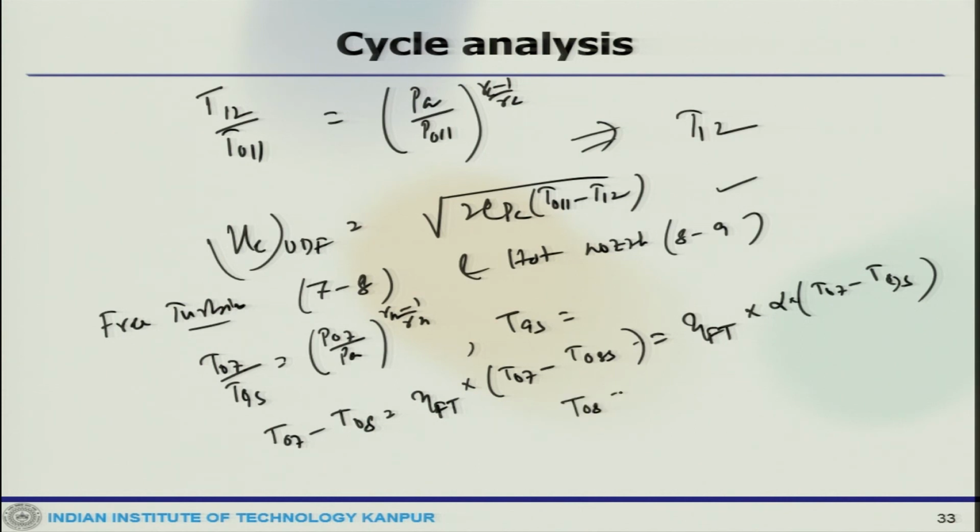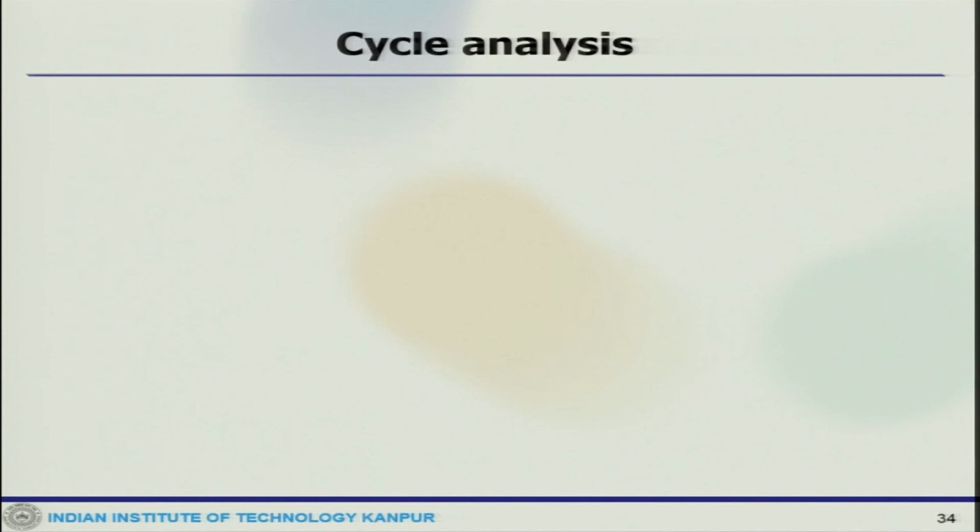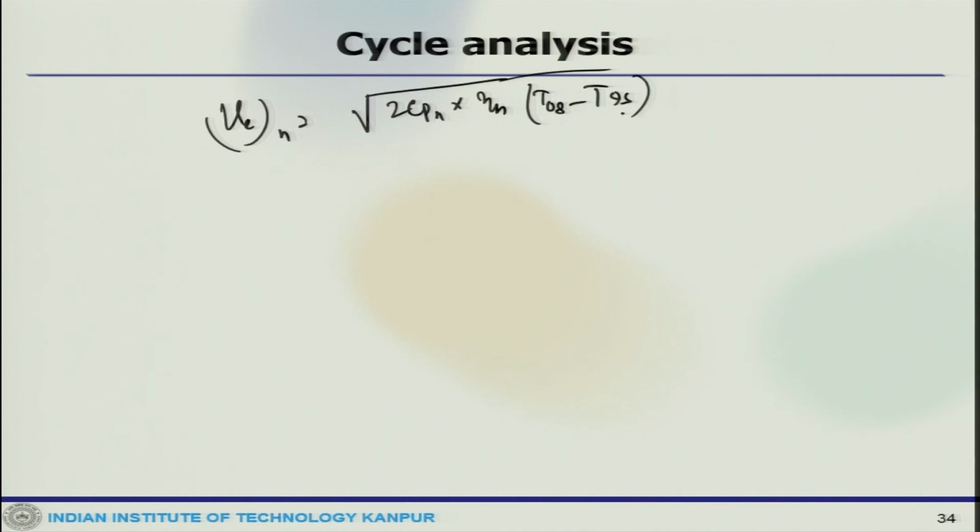So we get T08, and we get T08s. From here we get the pressure ratio, which is T07 by T08s to the power gamma H by gamma H minus 1. That gives us P08, and then the nozzle exit velocity would be root of 2 CPH eta n into T08 minus T9s.